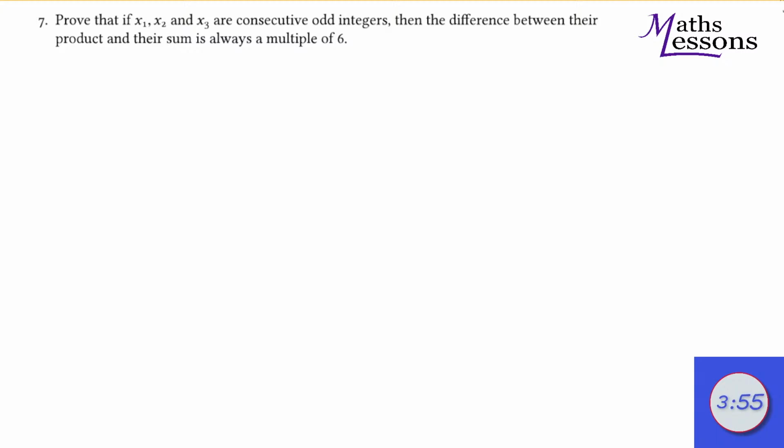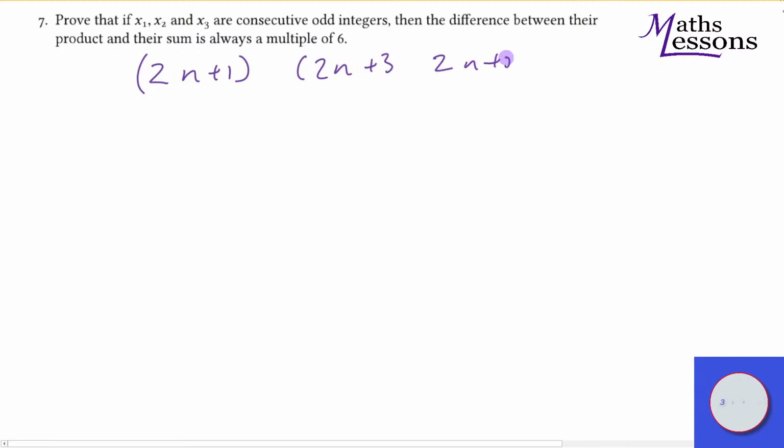I'm just going to write a couple of little hints on this question now you've had a chance to start it. And hopefully you started with 2n plus 1, 2n plus 3, and 2n plus 5. Now when we do the product, you need to show that you have got the sum of 2 multiples of 3.